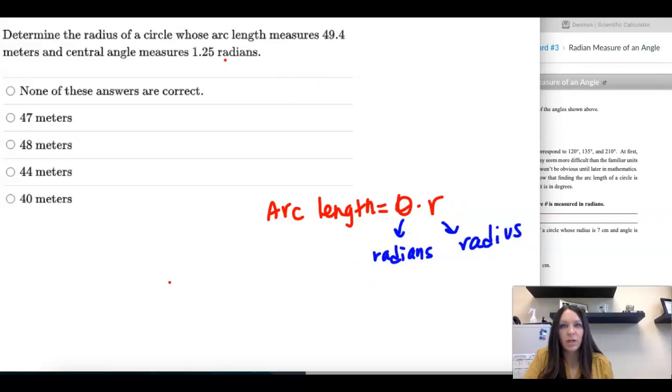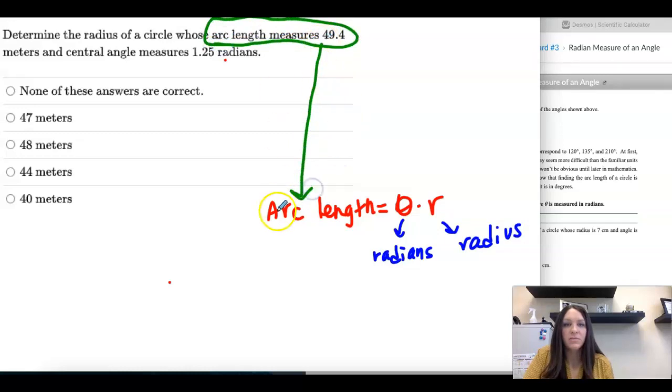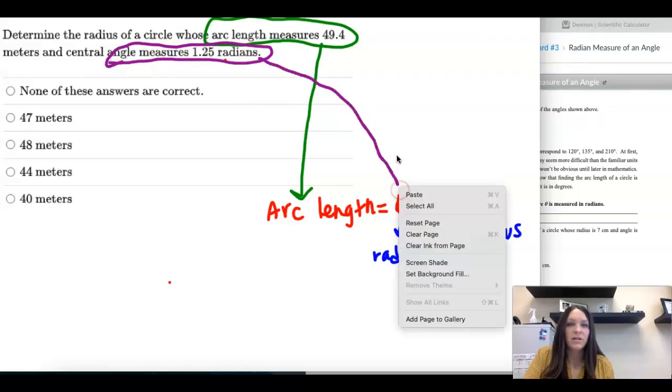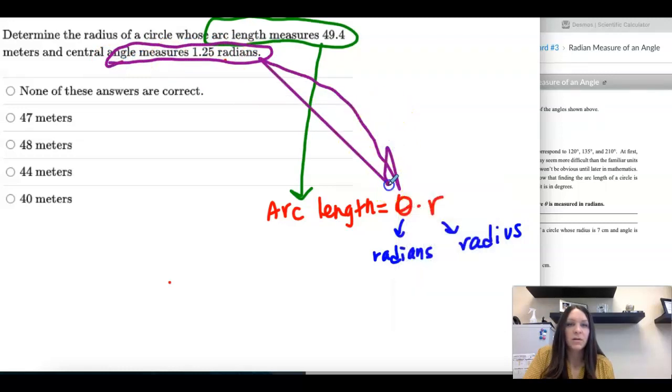So let's look at what we're given. We're given an arc length, 49.4. That goes here. And then we're given our angle measure in radians, 1.25. That goes here. And then we're trying to determine the radius. So we're trying to figure out what r is.